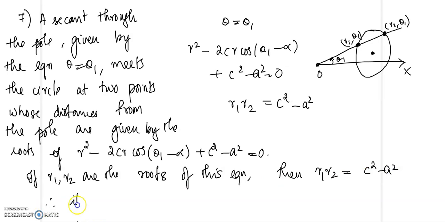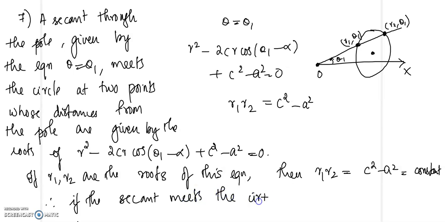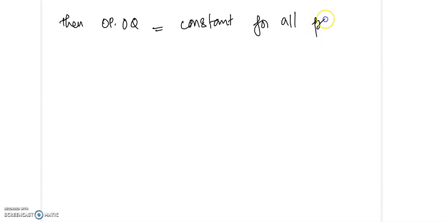So therefore this will always be a fixed constant. So if the secant meets the circle at P and Q, then the result states that when you take OP into OQ, this product is equal to a constant for all positions of OPQ.